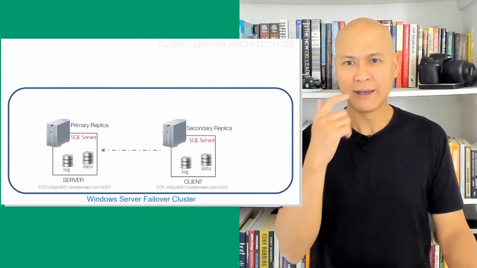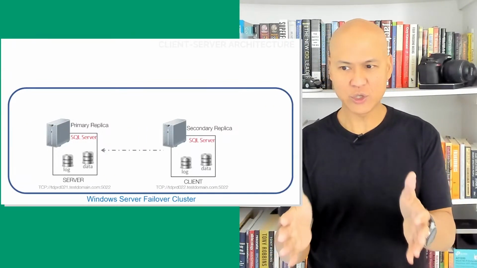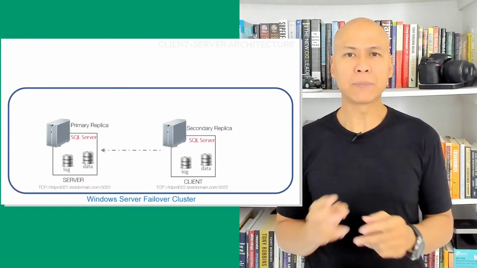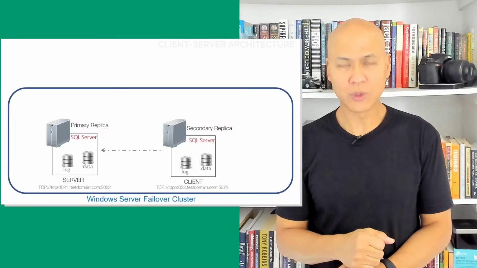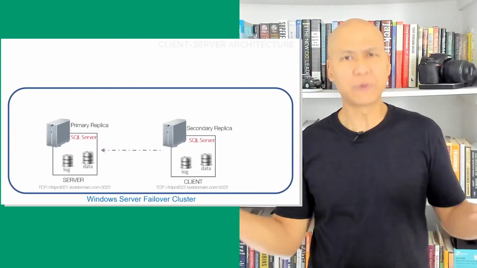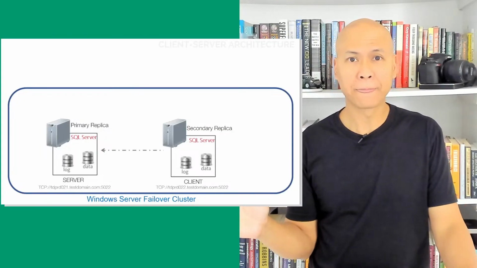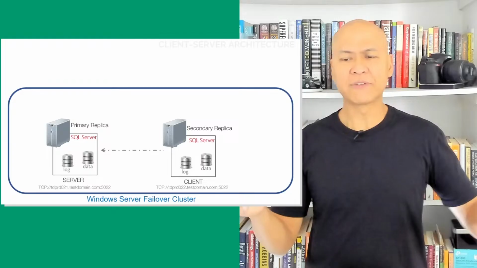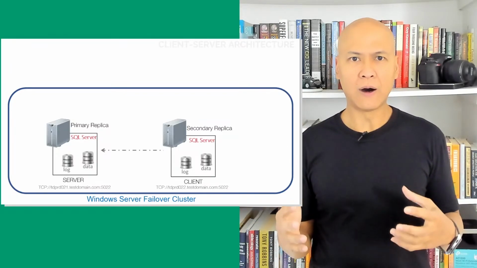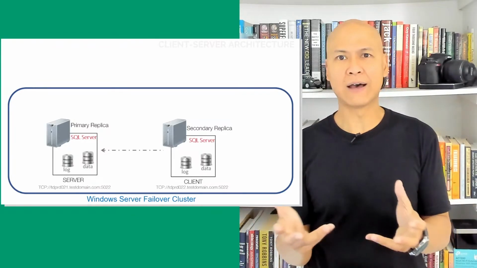I use the client-server model whenever I'm building an availability group. And I'm not even talking about the point of view of the client application trying to access the database. I'm talking about the fact that when you look at a typical Always On availability group, like in this case, a 2-node Windows Server failover cluster with 2 replicas, generally, even if you don't have a failover cluster, an Always On availability group consists of multiple replicas.